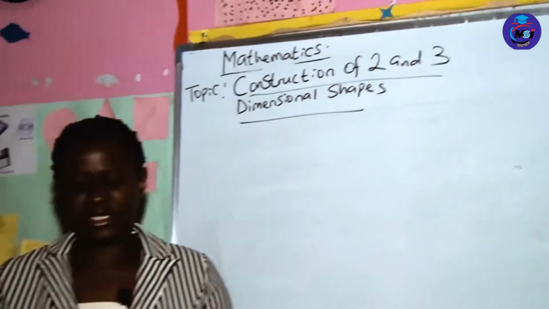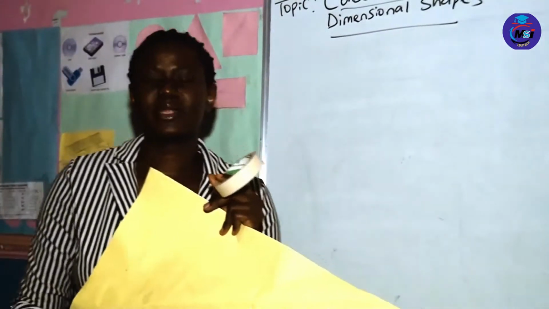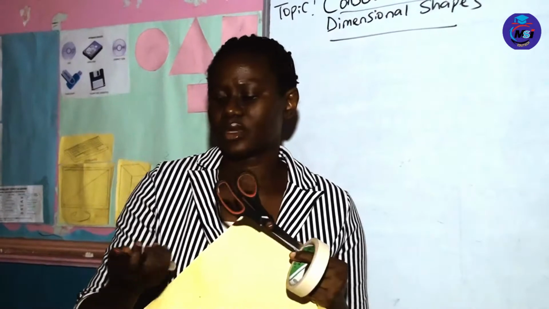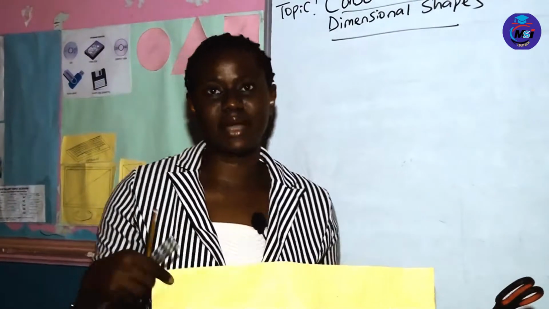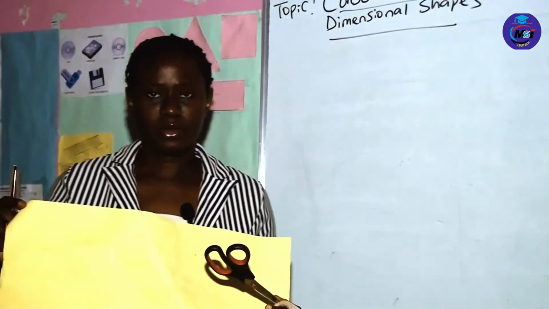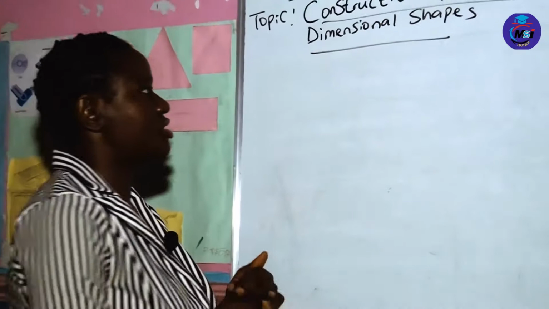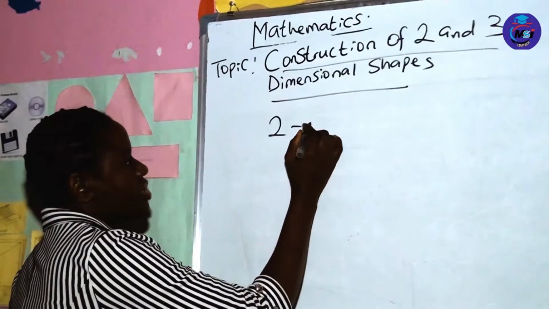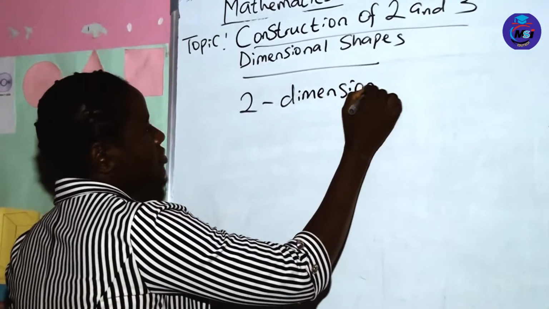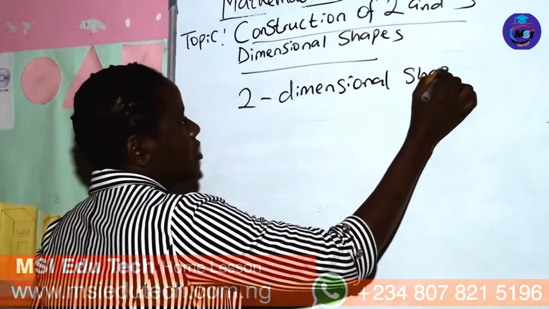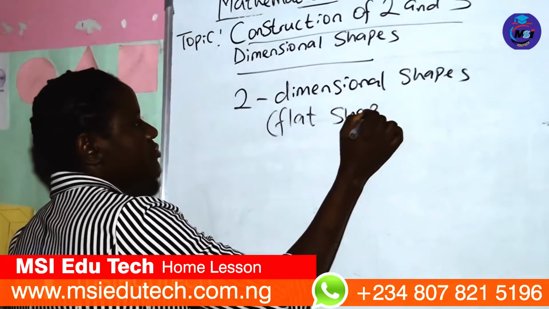Okay, we'll be using a cardboard paper, tape, scissors, ruler, and I'll be using the pencil to take the marks. So come along. We've learned 2-dimensional shapes. 2-dimensional shapes are flat shapes.